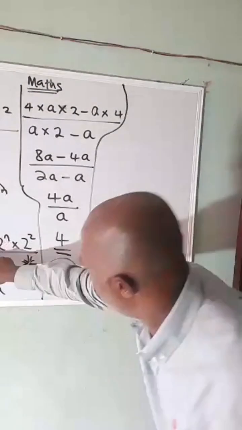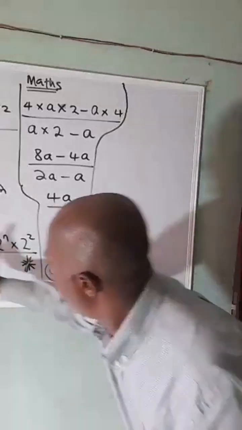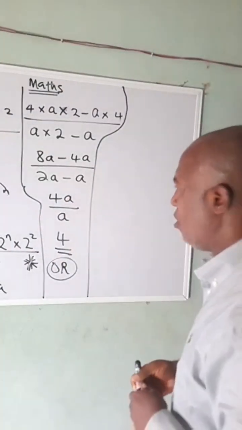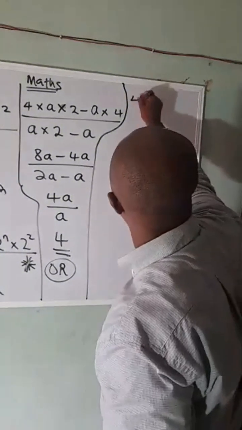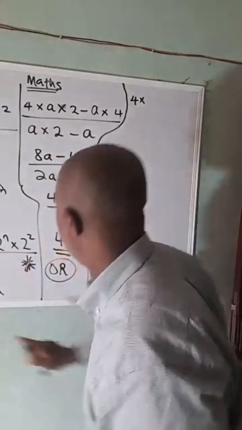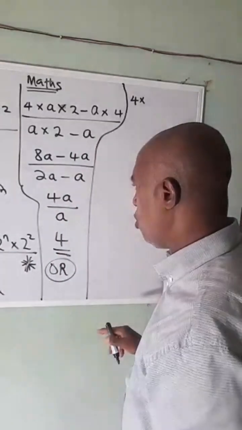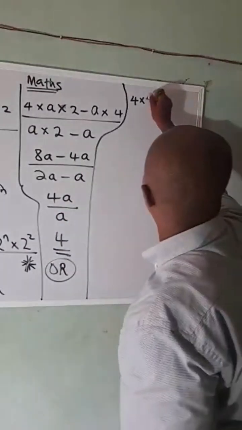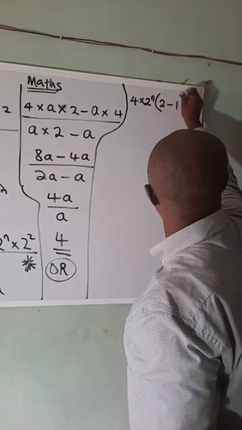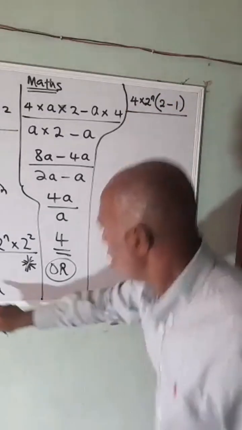The numerator has minus at the middle. I look at the both sides, I factorize. What is common to both sides? 4 is common to both sides. 2 raised to power n is also common to both sides. That is this, into 2 minus 1, all over the denominator.